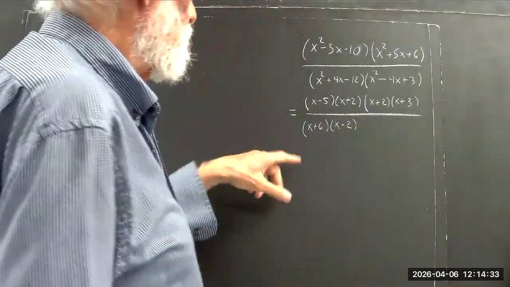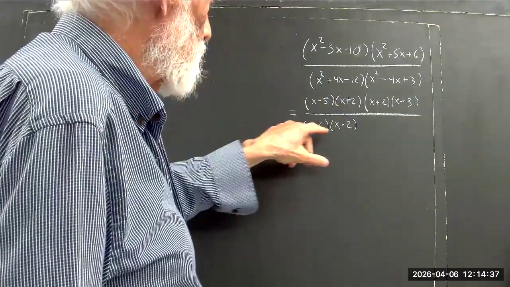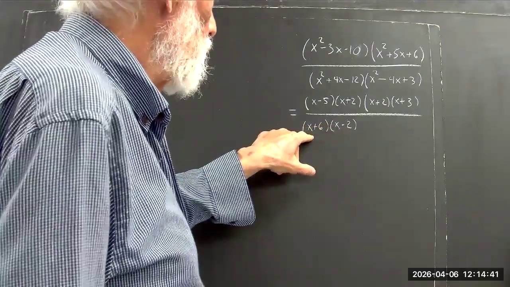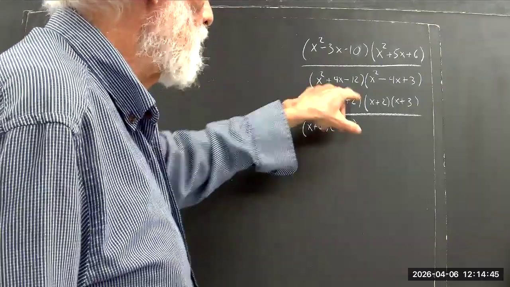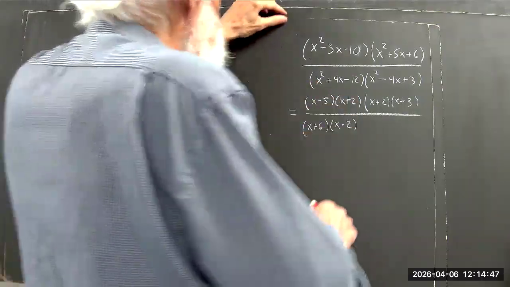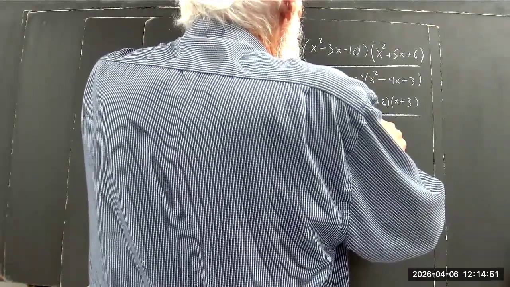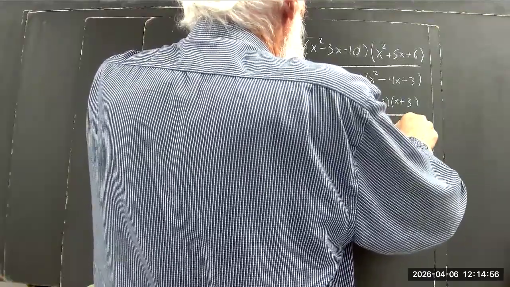Okay, so let's see if we're right here. X times x is x squared, 6x and negative 2x is 4x, and 6 times negative 2 is negative 12. X squared minus 4x plus 3 is x minus 1 times x minus 3.